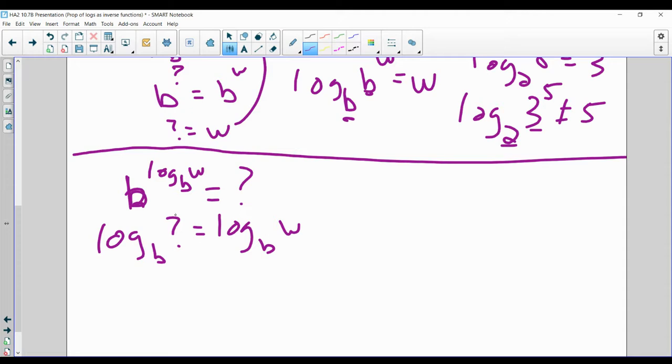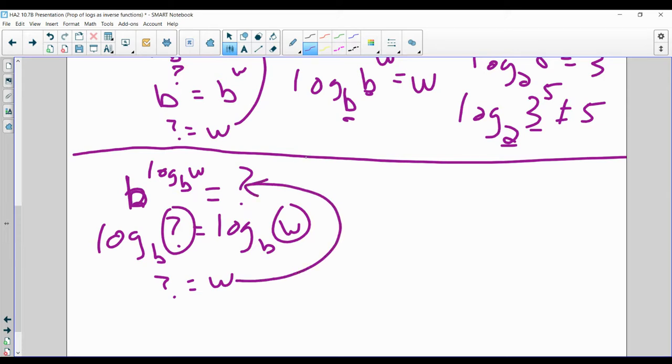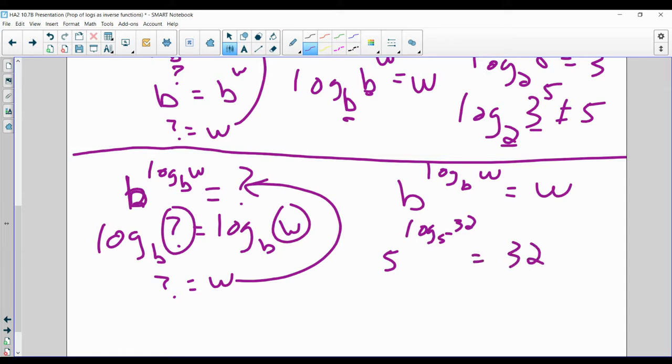So for these two things to be true, the question mark has to equal w. So b to the log base b of w is equal to w. Just throwing some numbers in there, if you had 5 to the log base 5 of 32, that would equal 32. Again, those two things have to be the same.